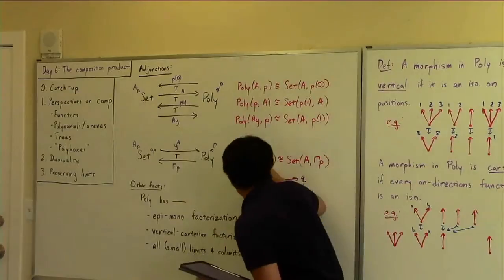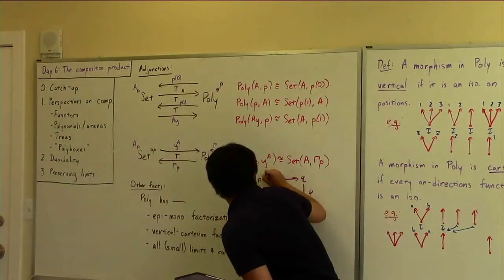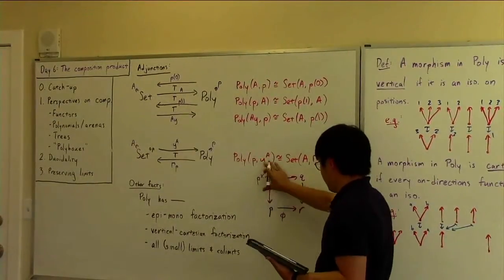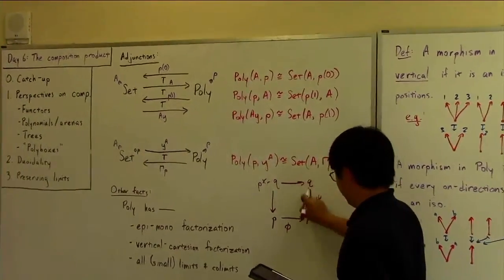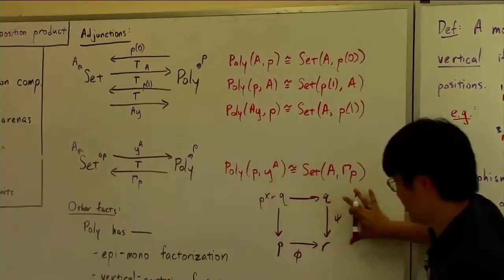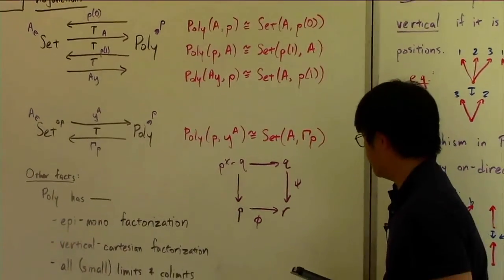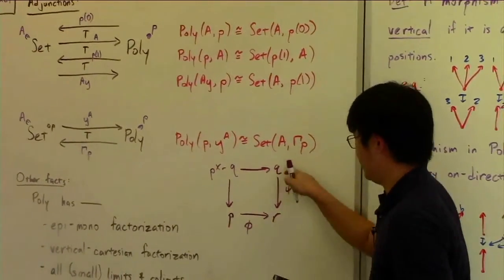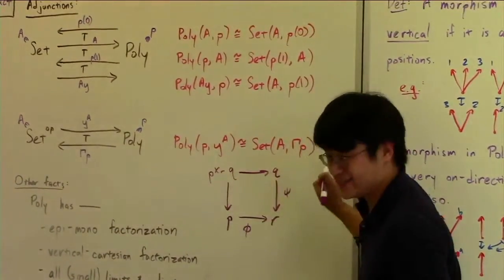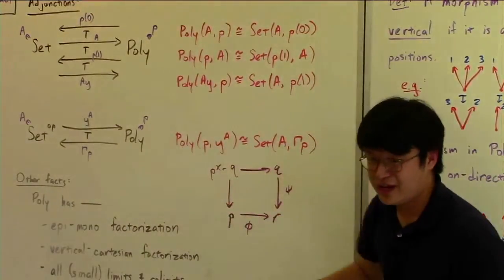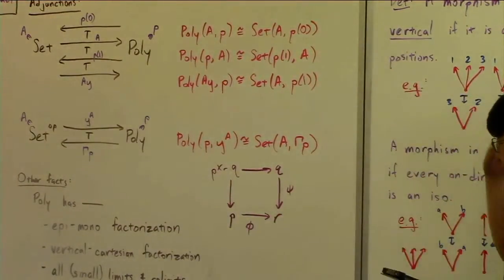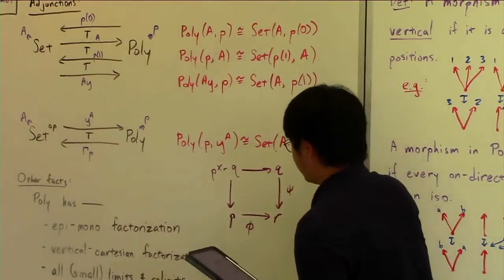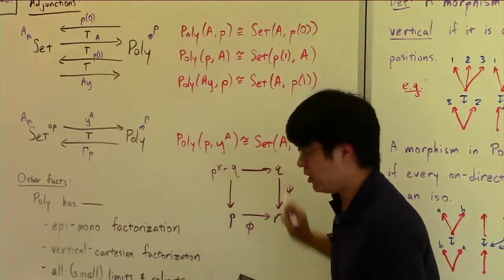So whatever this pullback is, its positions are going to be the pullback of the corresponding position square. If you think of these as p of 1, r of 1, and q of 1, that pullback in sets is going to give you the positions here. This works in general for all limits, but then the next thing you need to do is figure out what each direction set of this polynomial is.